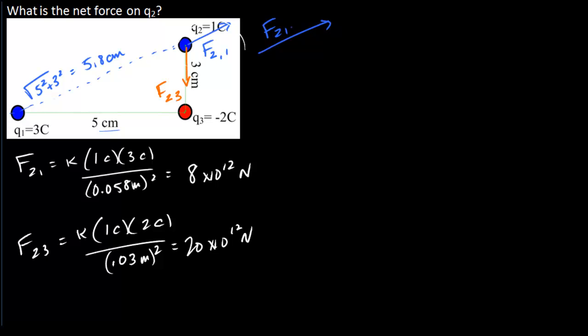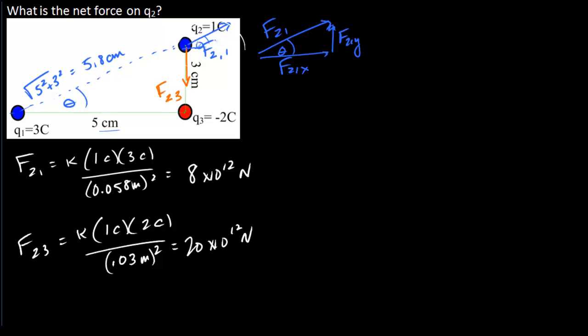Here's F21. We're going to have to break it into components to solve this, so this is F21y. This I'll call F21x. Now, if we want to figure out how big these are, we could find our angle theta here, because the angle of our distance triangle is actually the same as the angle of the force triangle. So you could find that using inverse tangent, for example.